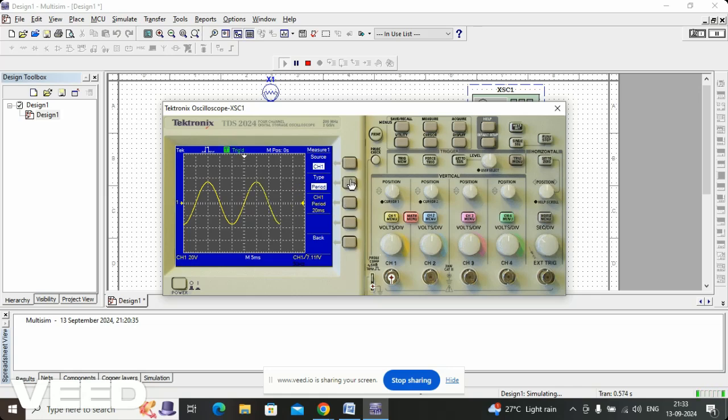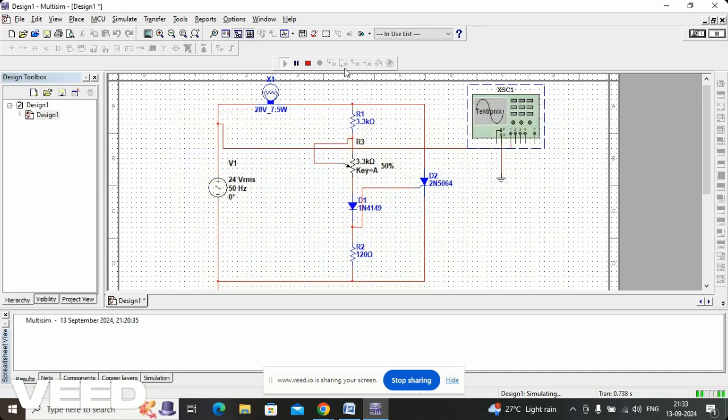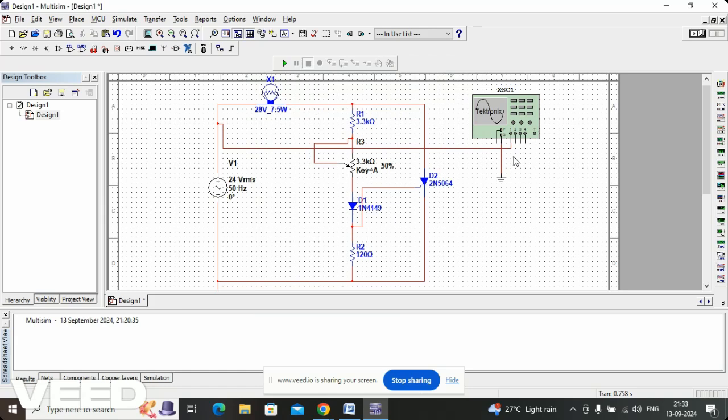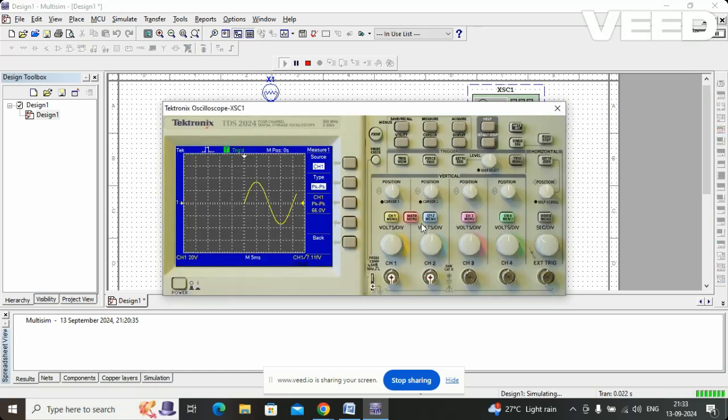and the peak to peak is a little bit higher, 67.8. We'll check what is wrong over here. Then you can check the diode or the SCR and the second waveform.